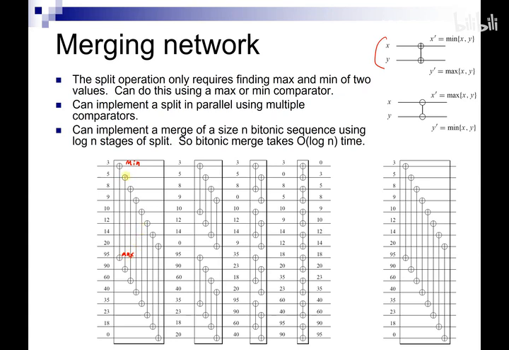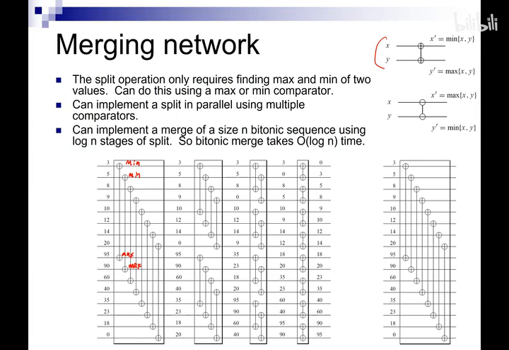Likewise, you match this 5 with the 90, and put the min value over here and the max value over here. Then you do the matching for all of these pairs. So that is the first bitonic split stage.